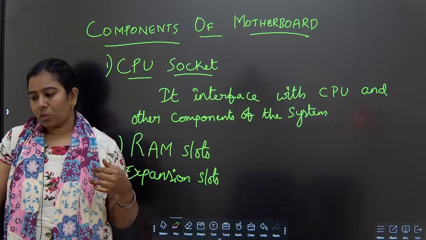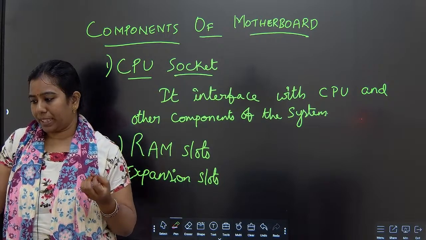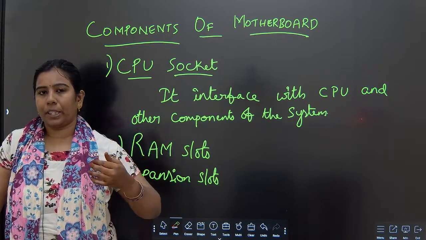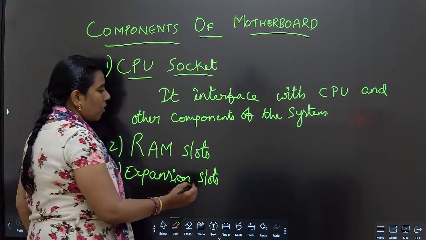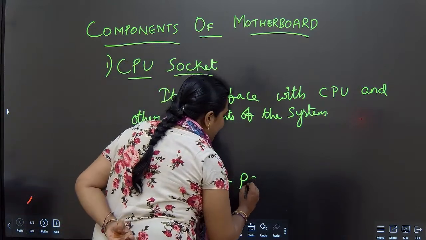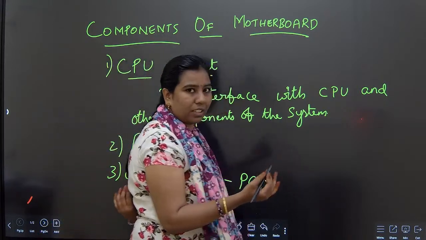Generally we use PCI. PCI means peripheral component interconnect slots. In expansion slots, those are nothing but PCI. Peripheral means external devices or external cards.